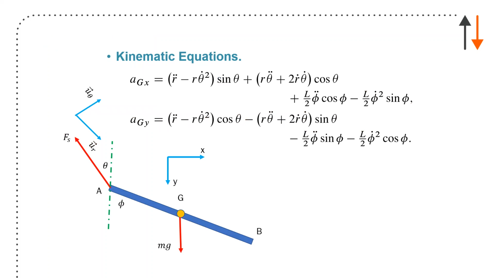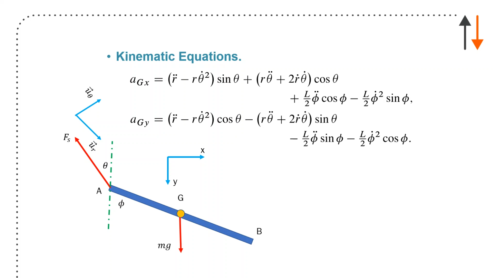And I get as a final result this nightmare. And I'm being a bit facetious here. It's a nightmare because it's a lot of work to go through, but I have AGX in terms of r double dot, r theta dot squared sine theta, r theta double dot, twice r dot theta dot cos theta, plus L over 2 phi double dot cos phi minus L over 2 phi dot squared sine phi.